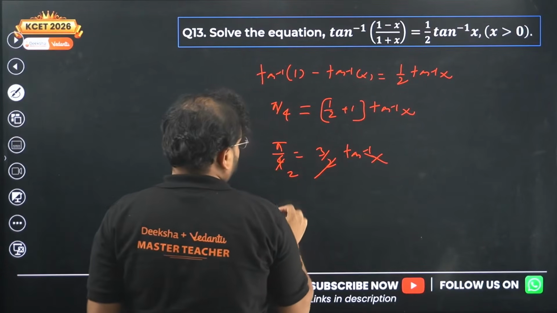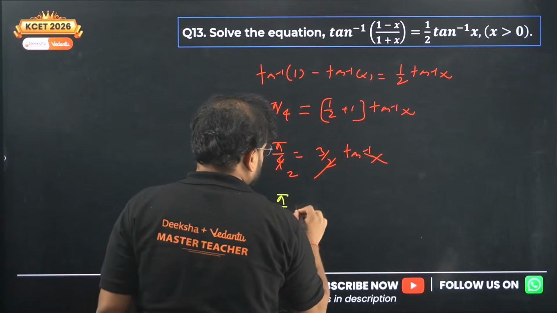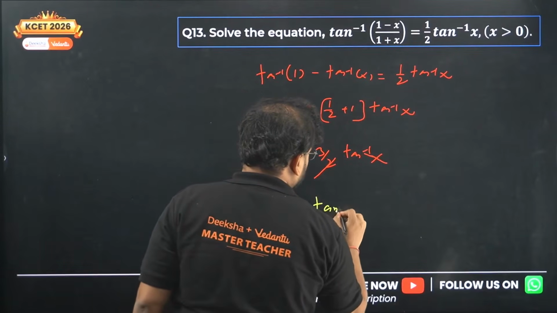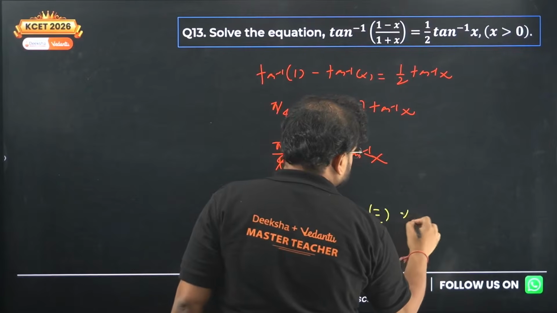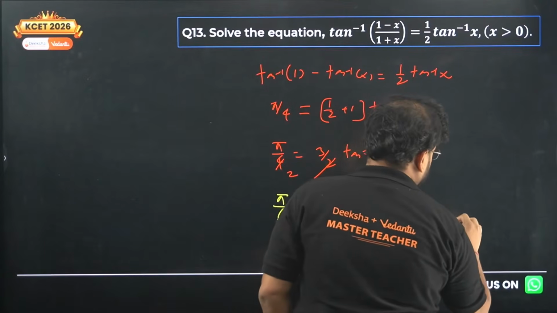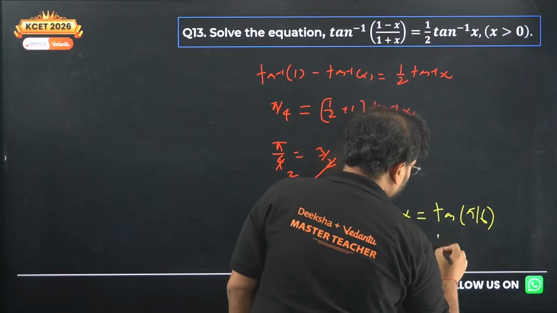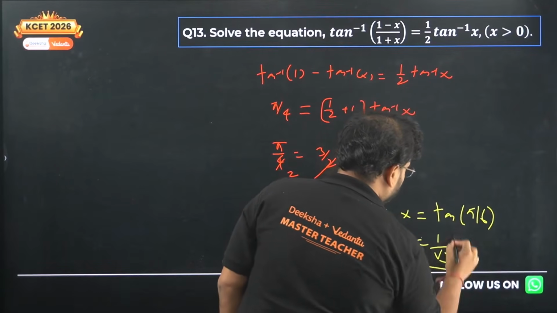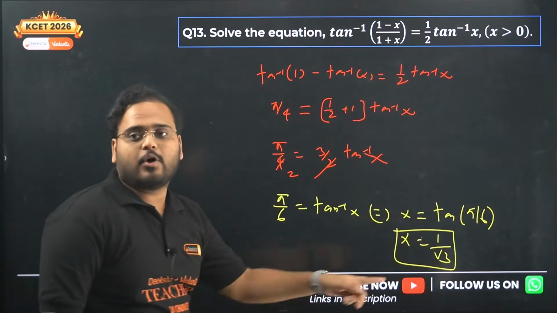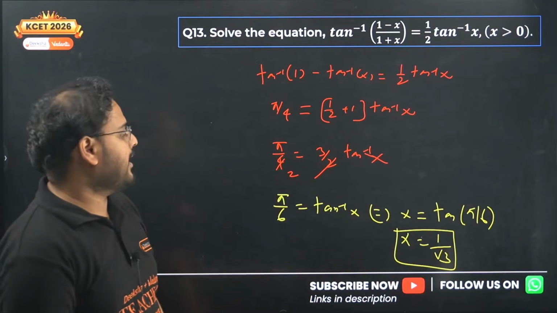So we have the answer: pi by 6 equals tan inverse of x. So x is tan pi by 6. Tan 30 means x is 1 upon root 3. What did they ask? They asked us to solve it. We got it done. X value is coming as 1 by root 3.